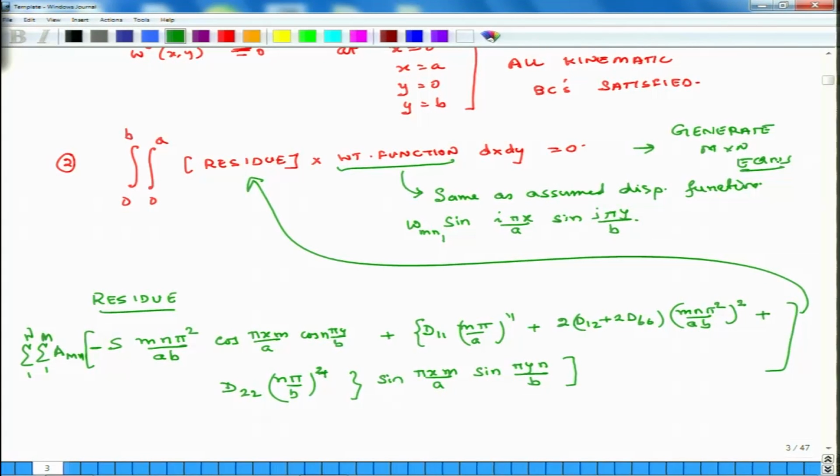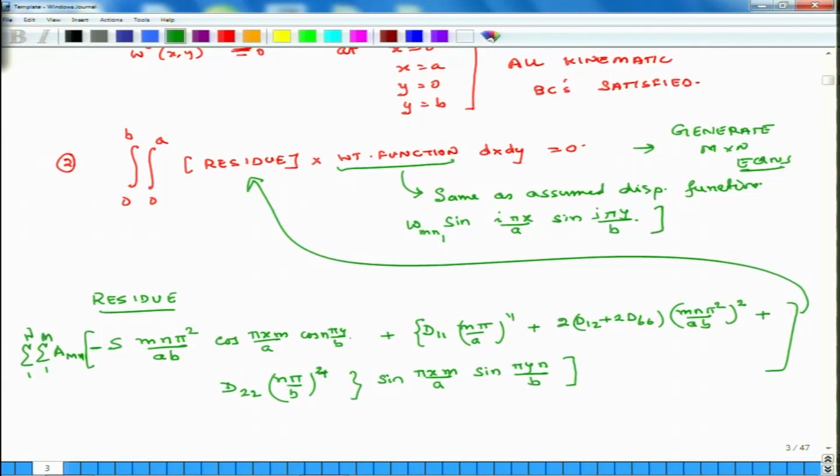The way we generate it is that first I multiply the residue by sine pi x over a. I set the value of I and j as 1, and I get one equation. Then in the second equation I put I equal to 1 and j equal to 2, and like this I keep on increasing j till it becomes capital N. Then I change the value of I to 2, and I again repeat.